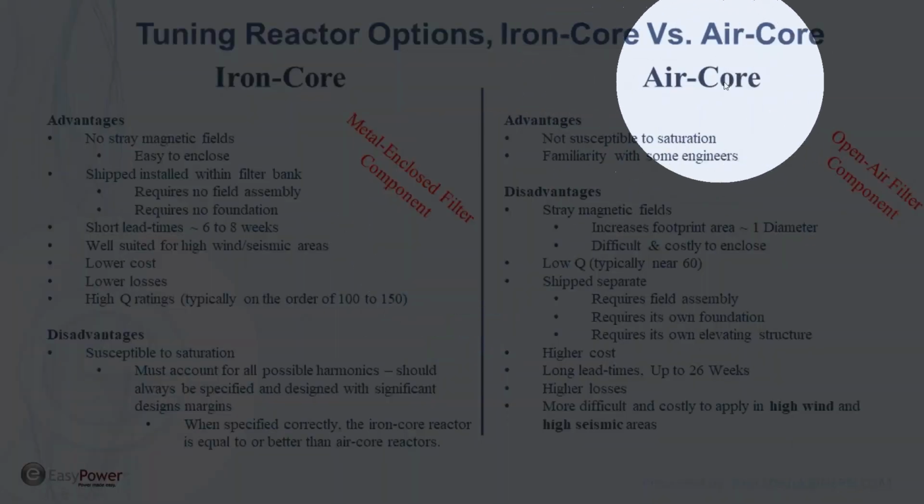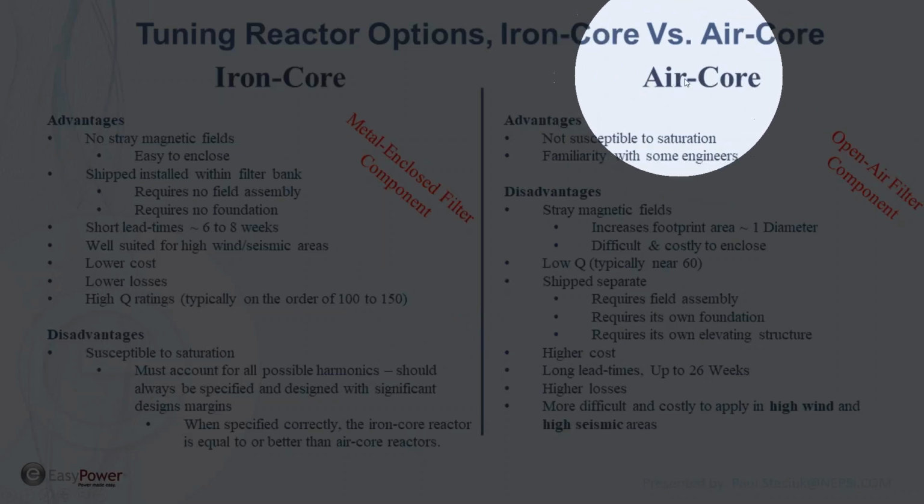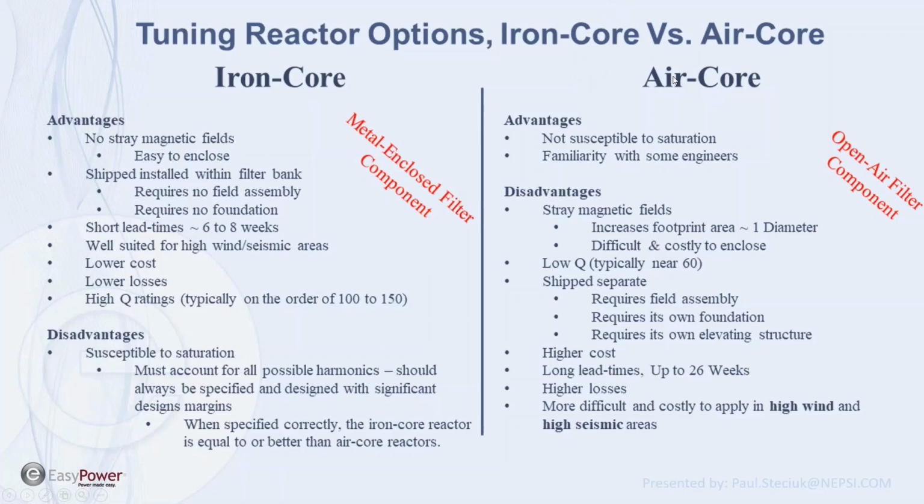It takes a lot of copper to create ohms, and that's what tuning reactors are. They're ohms of impedance. So it tends to be that iron core reactors are more competitive to a point, and as the megabar rating of your filter goes up, or as the tuning point goes up, the inductance goes down. And at some point, there is a crossover where an air core reactor might be more competitive.